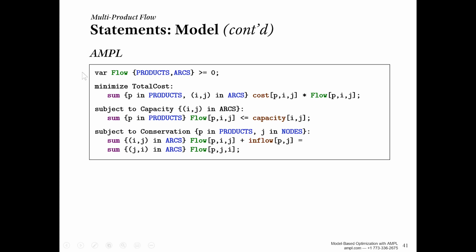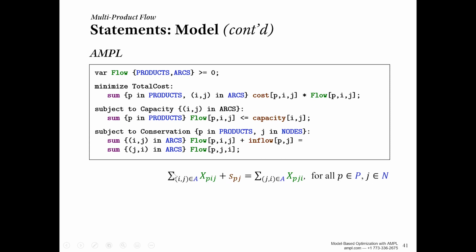And so here you see I have a variable flow indexed over products and arcs, minimize the total cost, which is a sum over products and arcs of the cost times the flow, and subject to capacities, there's a capacity for each arc, and it says that the sum of all the flow over all products is less than or equal to capacity, and similarly for the conservation. And what I want to point out is that this is very close. So here's the conservation constraint that I wrote in algebra.